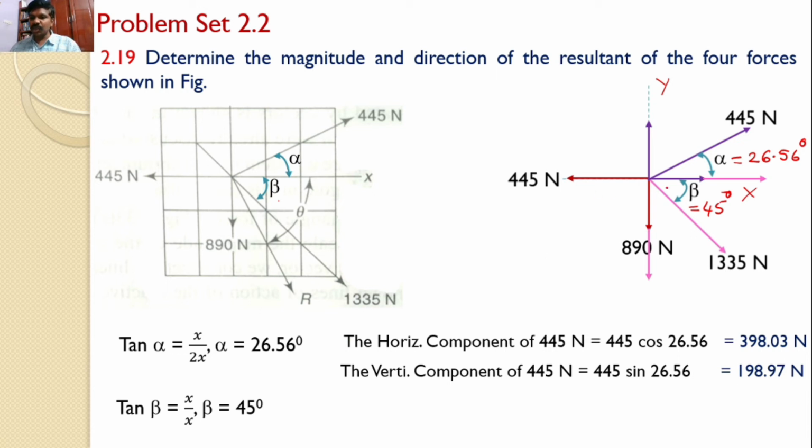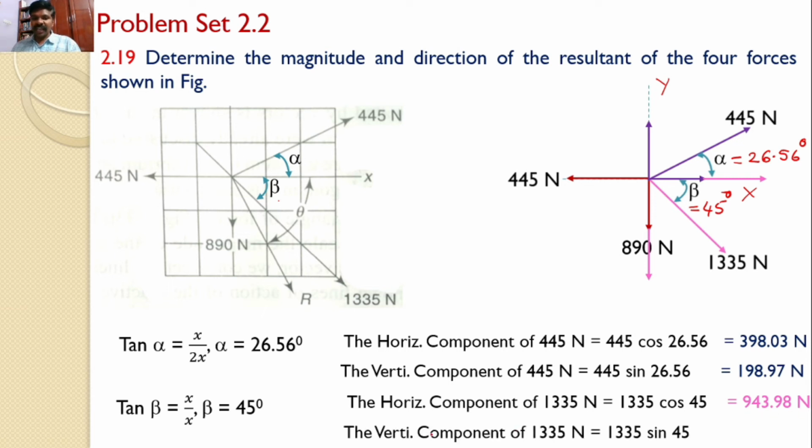What are those magnitudes? We know this 1335 newtons force makes 45 degrees with the x axis. Hence, the horizontal component of 1335 is equal to 1335 into cos 45, which gives 943.98 newtons, and the vertical component of 1335 is also 943.98 newtons.